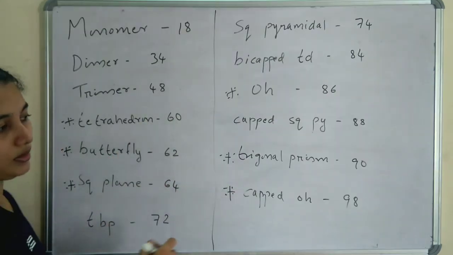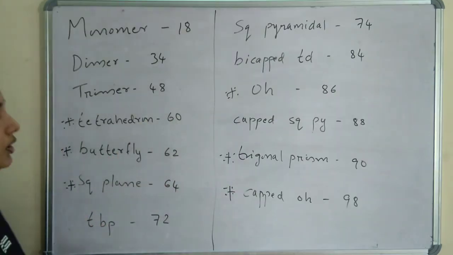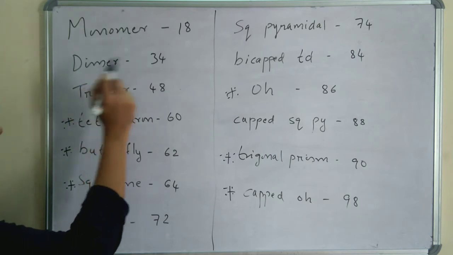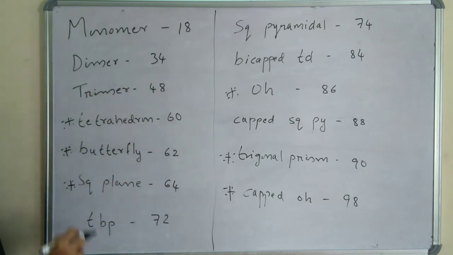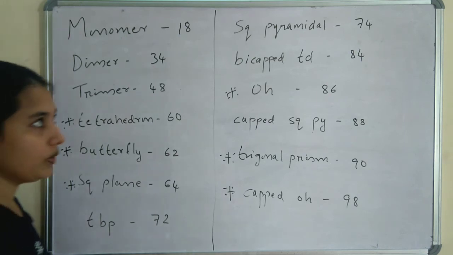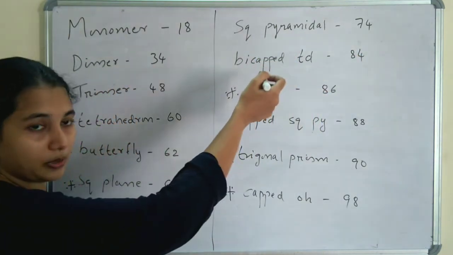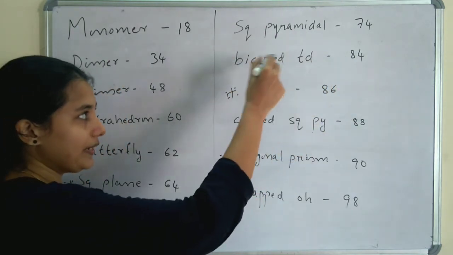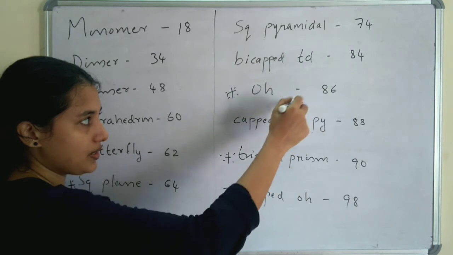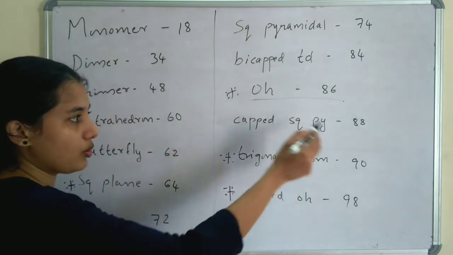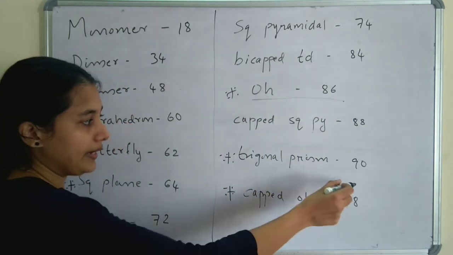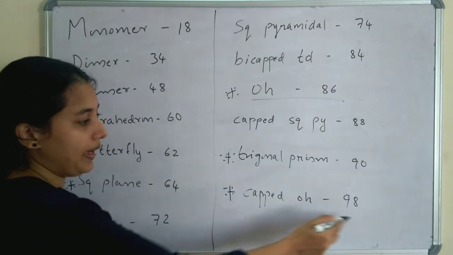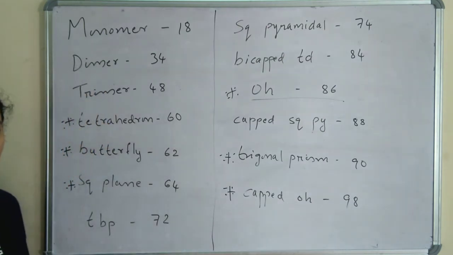The marked geometries are very important. Monomer 18, dimer 34, trimer 48, tetrahedron 60, butterfly 62, square plane 64, TBP 72, and 74 is square pyramidal. After 74 it comes 84, bicapped tetrahedral, 86 octahedral, 88 capped square pyramidal, 90 trigonal prism, and 98 capped octahedral.